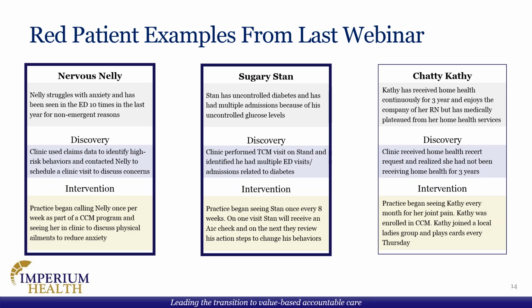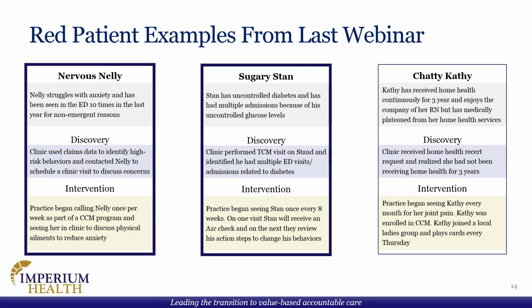Nellie is somebody that had been to the emergency department 10 times in the last year for non-emergent reasons. Nellie started to get nervous, get worried, and she felt like the emergency department was the right care setting, so she went. And one of the things that the clinic did when they started to dig in a little deeper was they said, all right, how can we reach out to Nellie in a different way and figure out what's going on?